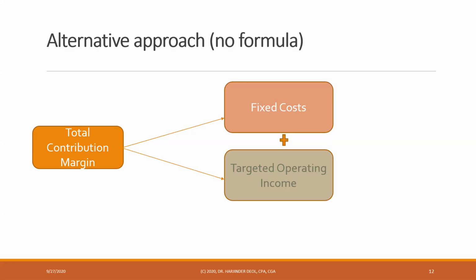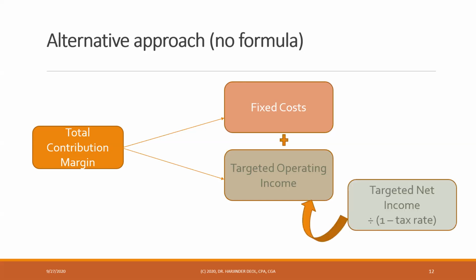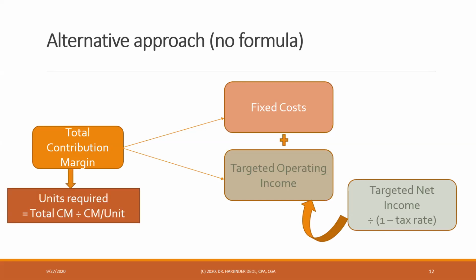The only thing to keep in mind here is that your targeted net income is divided by 1 minus the tax rate to calculate our targeted operating income before taxes. Once we have calculated our total contribution margin, then for the units required, we will take our total contribution margin that is calculated and divide that by the contribution margin per unit.